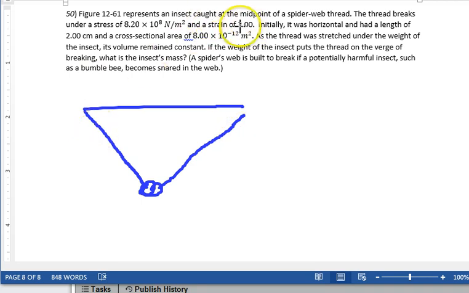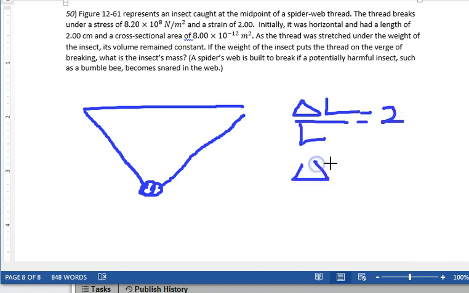The strain being 2 tells me that the change in length divided by the length equals 2. That means the change in length for this web with the insect on it is 4 centimeters. So now the whole thing is 6 centimeters long.